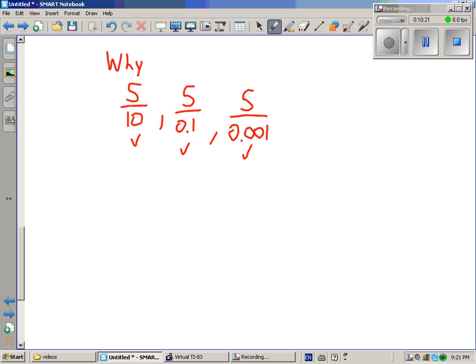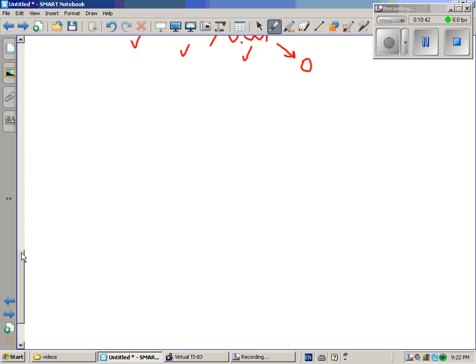As your denominator approaches 0, what happens is your fraction here gets very big. And that's what happens at a vertical asymptote. Because a vertical asymptote is where your denominator would equal 0, as you start to get close to that x value, the value of your function becomes huge because you're dividing by a very small number.